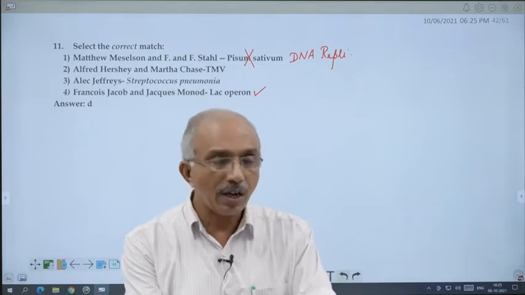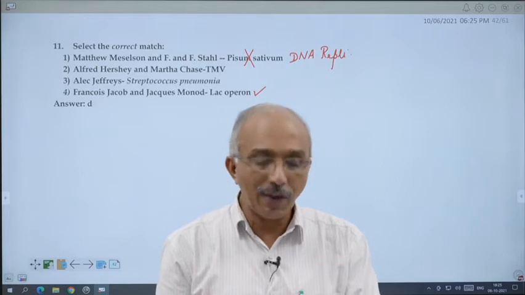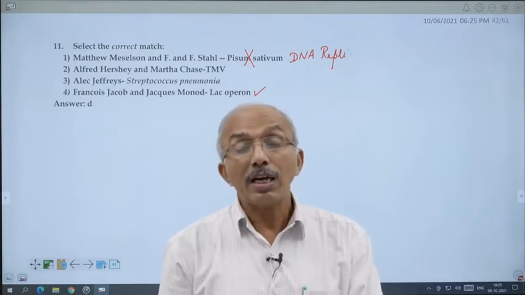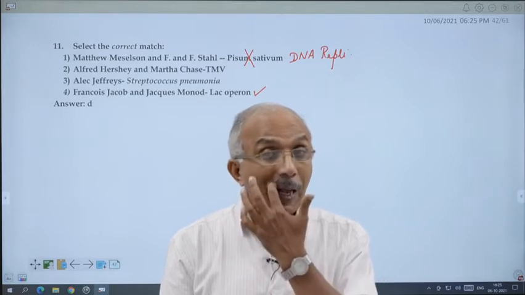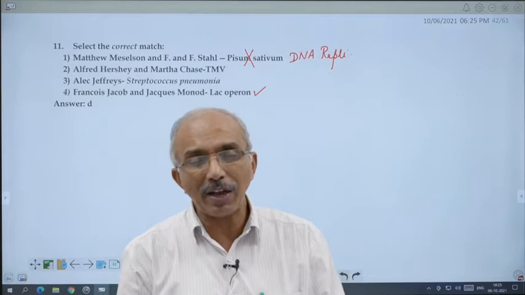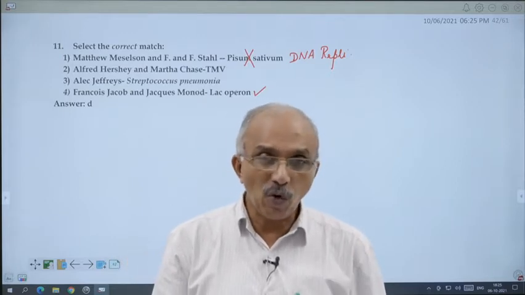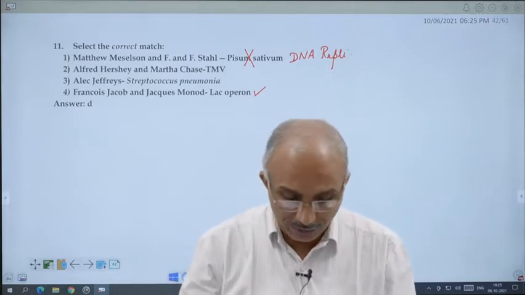Watson and Crick could not prove it. They proposed a possibility that the DNA may replicate semi-conservatively, but full proof came from Meselson and Stahl's work.